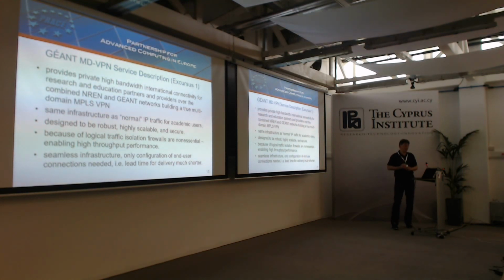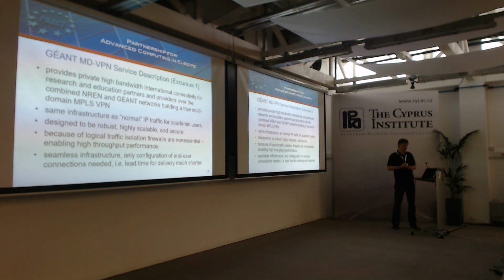It's the same infrastructure as the normal IP traffic for academic users, the same links and routers, but virtualized. It's designed to be robust, highly scalable, and secure. I should say that this is from the GEANT slides, so I do a little promotion, but it describes exactly what they want to provide.